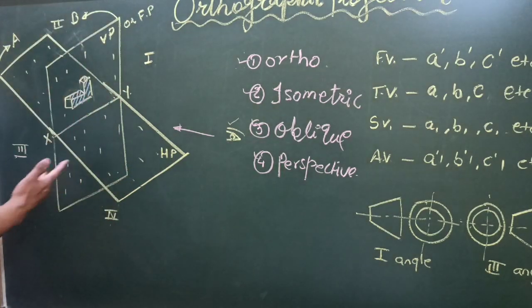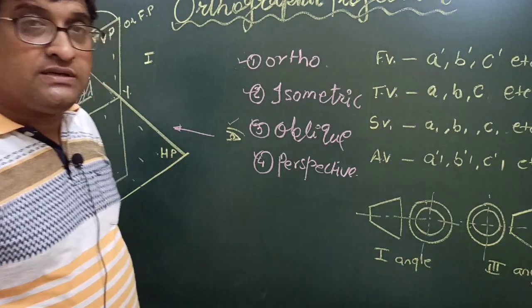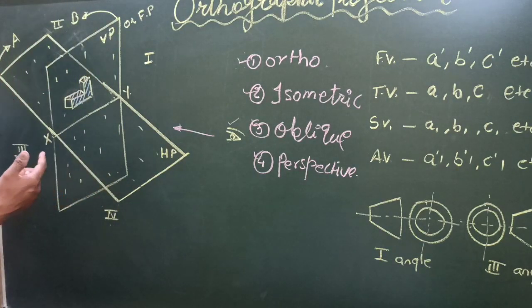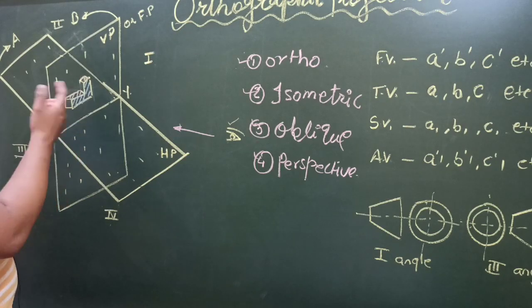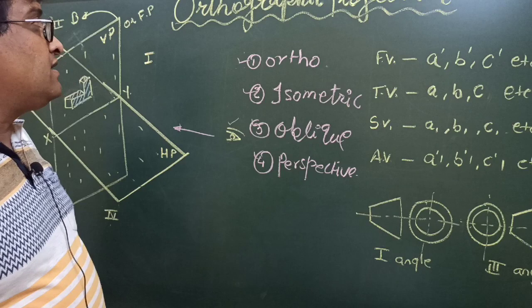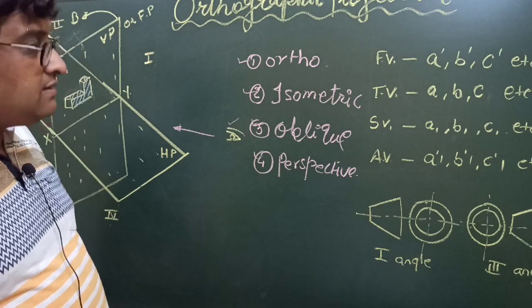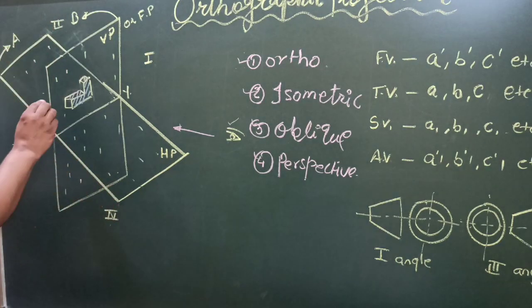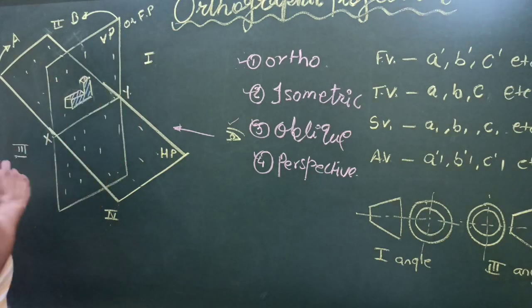In case of third angle projection, we assume that the planes are transparent, right? We'll talk about this later on also. Let us first consider where the front view, top view and side views are to be drawn. So let us come to some more theory about orthographic projection.